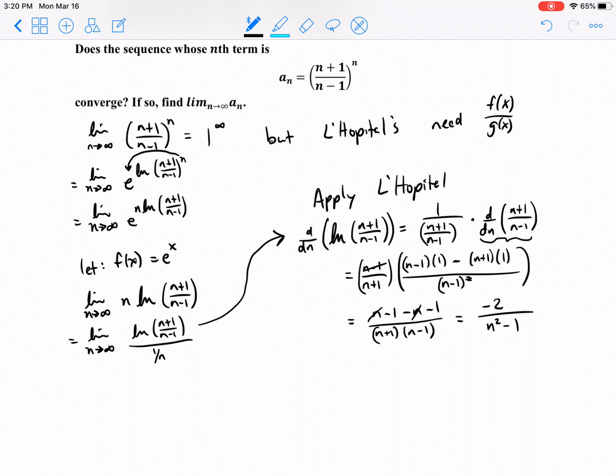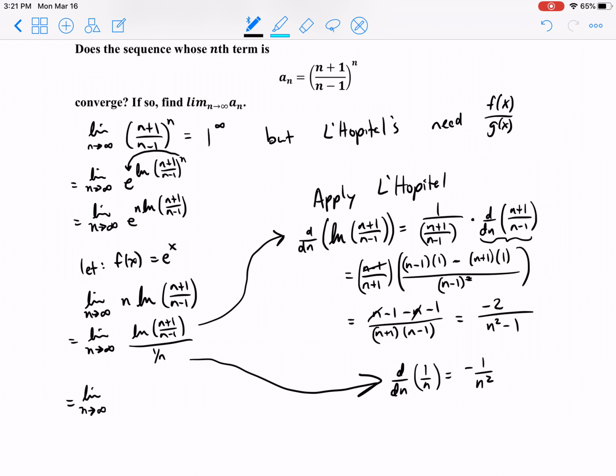And then for the denominator over here, we have 1 over n. So the derivative of 1 over n with respect to n is just negative 1 over n squared. And so we can come back over here and put these both back in. Limit as n goes to infinity of this whole wonderful thing here.